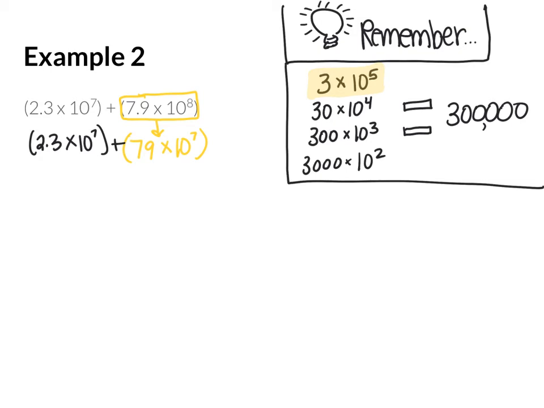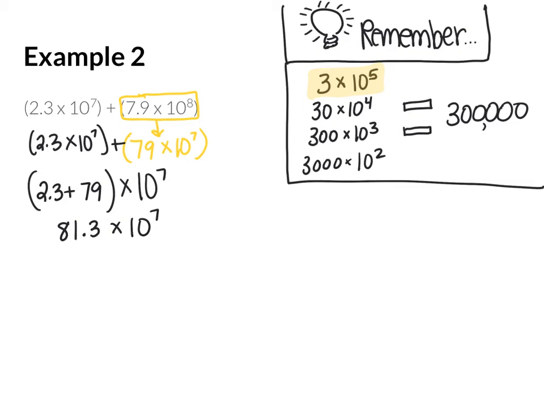I factor that out, and I fill in the two terms that are added together, 2 3/10 and 79. When I add them this time, I line up my decimals and I end up with 81 3/10 multiplied by 10 to the 7th. If we're writing it in accurate scientific notation, I move the decimal and convert the 7 to an 8, giving me my final answer of 8 13/100 multiplied by 10 to the 8th power.